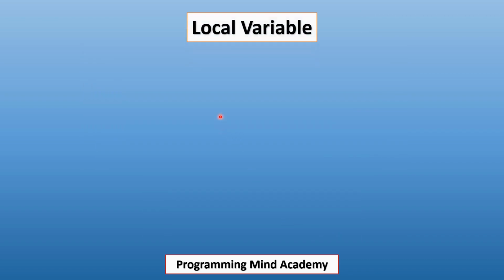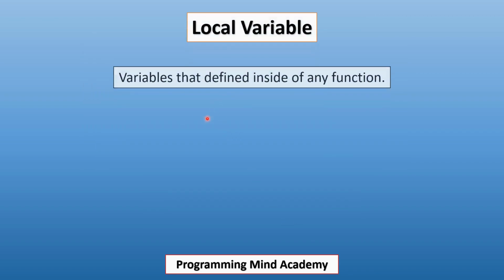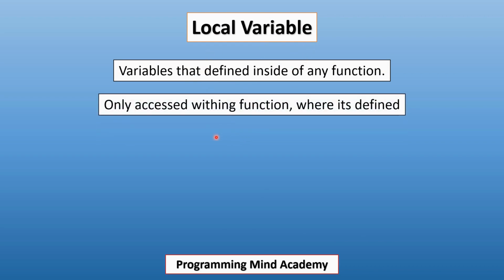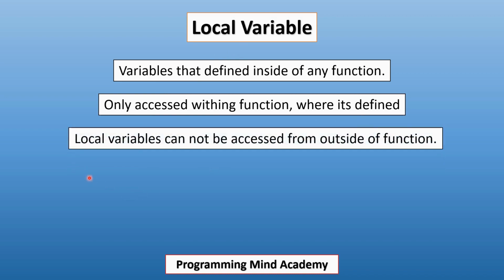So let's understand what is meant by a local variable. Variables that are defined inside of any function are known as local variables. These variables can only be accessed within the function where they are defined, and local variables cannot be accessed from outside of a function.